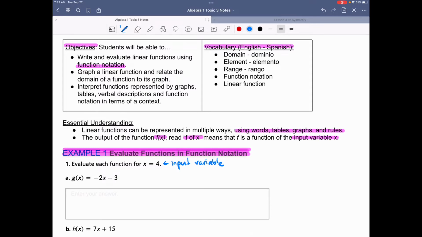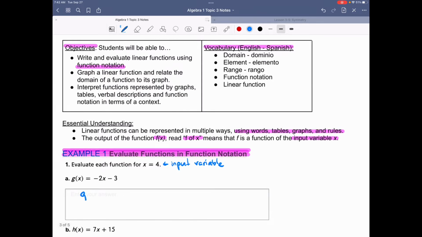And part A states g of x equals minus 2x minus 3. First we can copy down the function. And now we will input that variable and what it equals into our function.